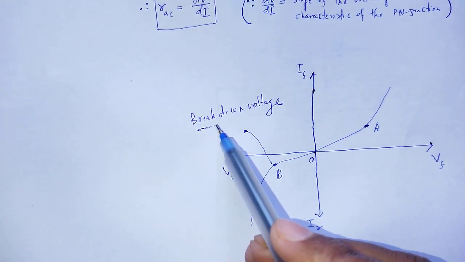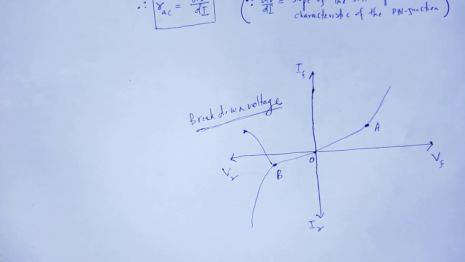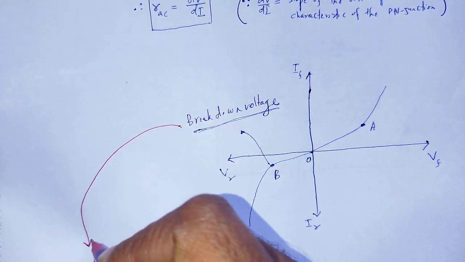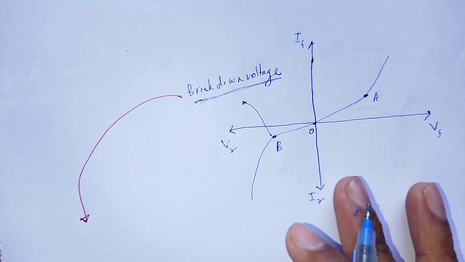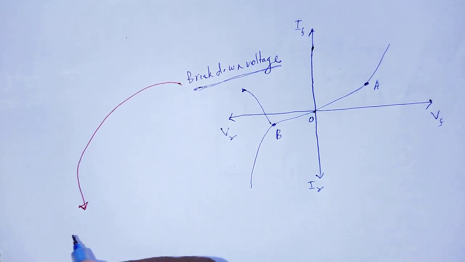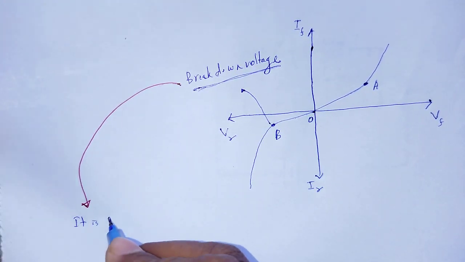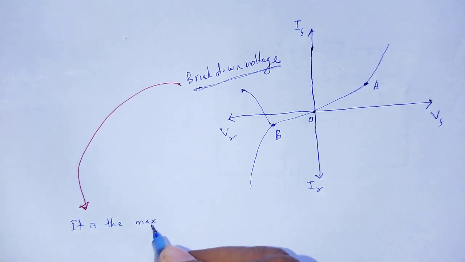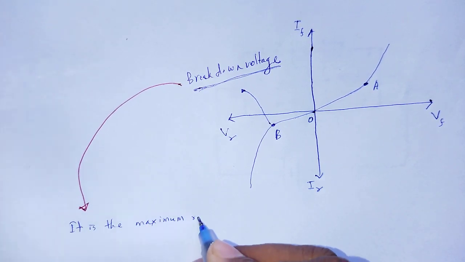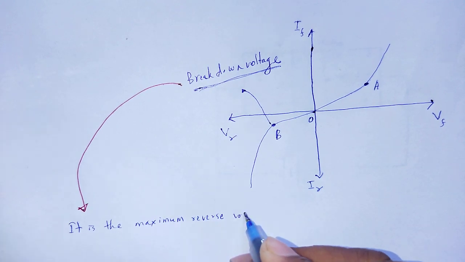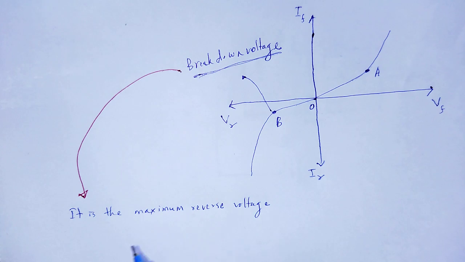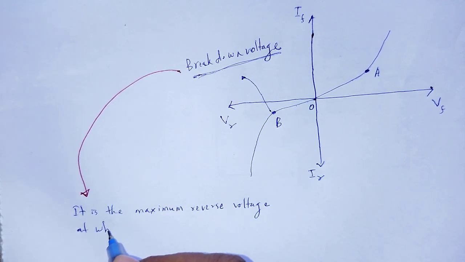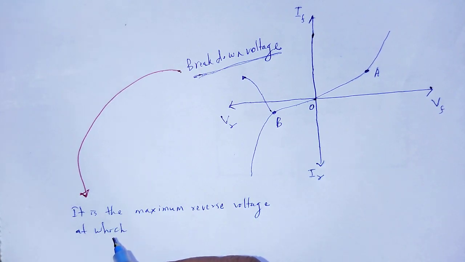So, let us define what breakdown voltage is. Breakdown voltage is the maximum reverse voltage at which the p-n junction breaks down.